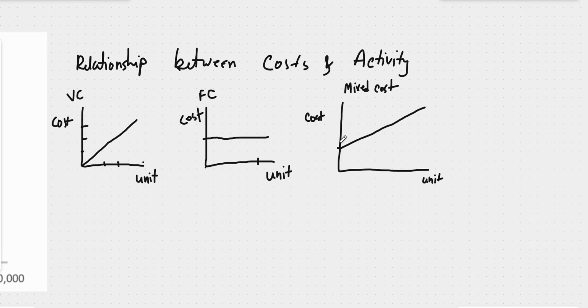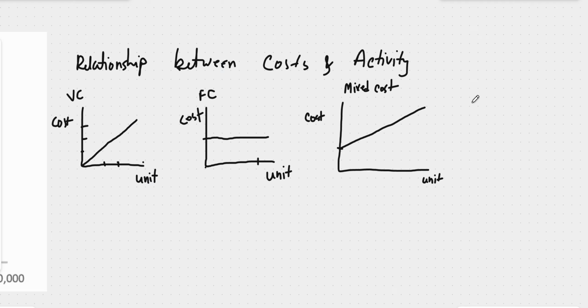I will give an example for each one of them, but for now, just look at this graph. It starts as fixed, you have to pay a fixed cost initially, and according to the number of units, your cost will increase.